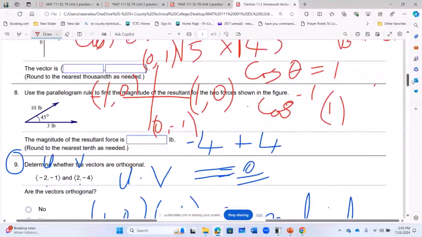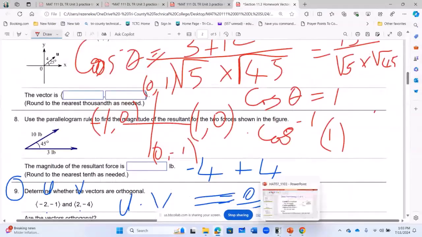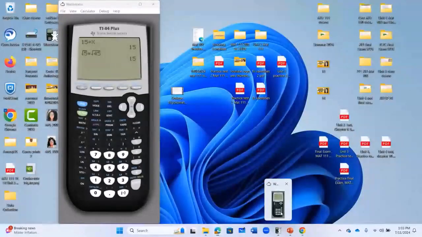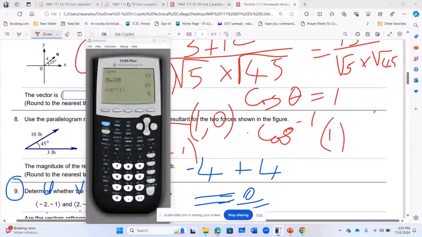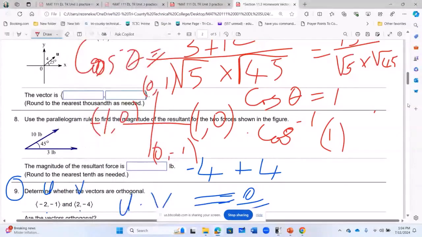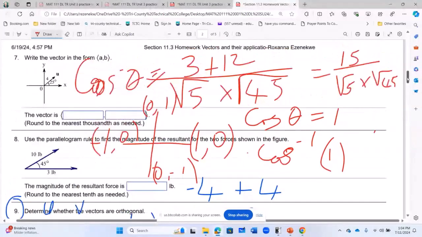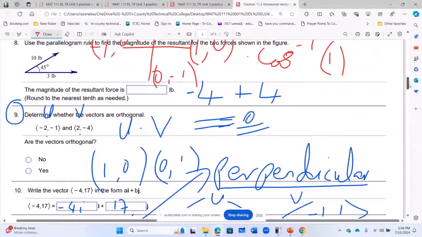Cosine of 0 is 1, so cos inverse of 1 is equal to 0. So the angle between them is 0. Okay, they're not in a straight line though. So this is what we got in this one.